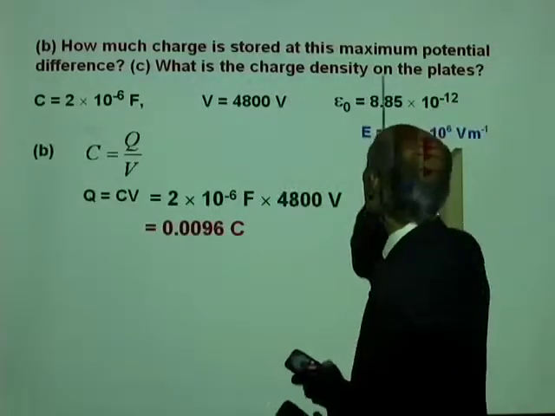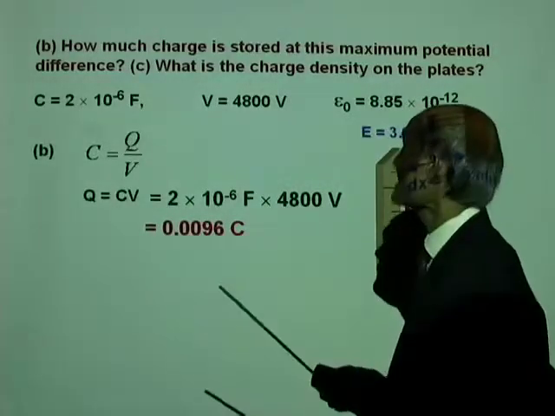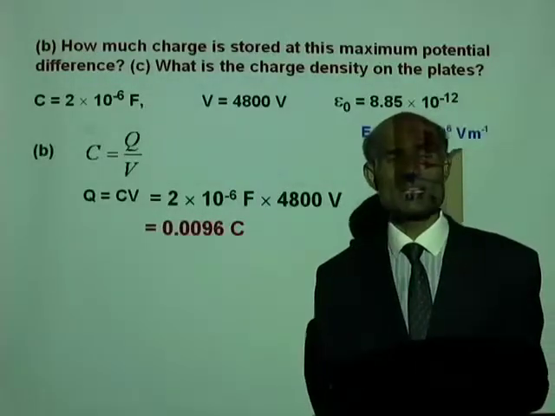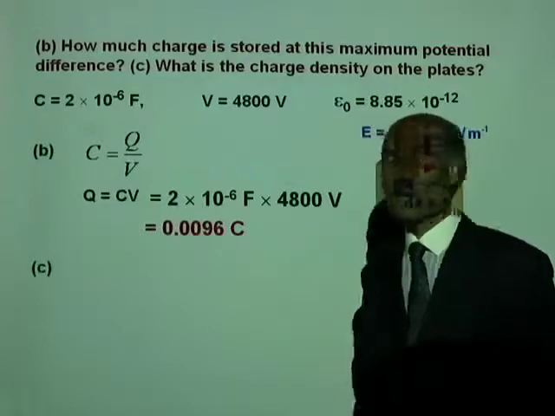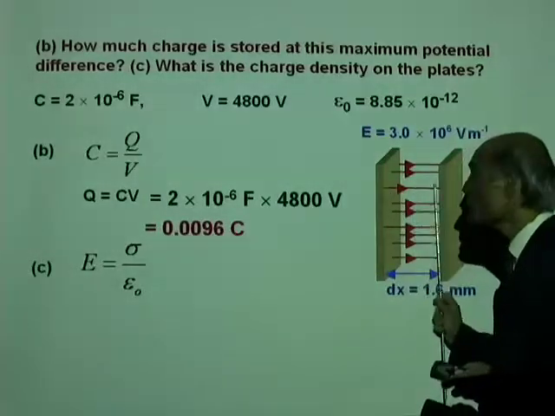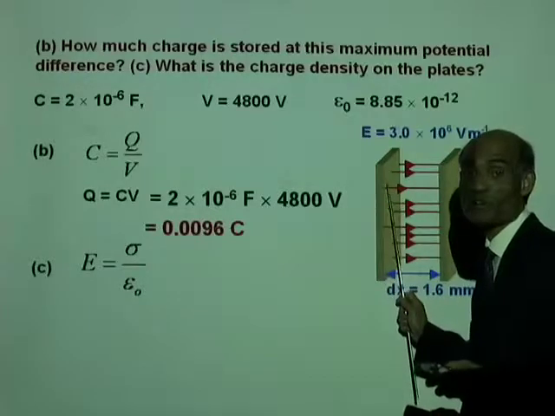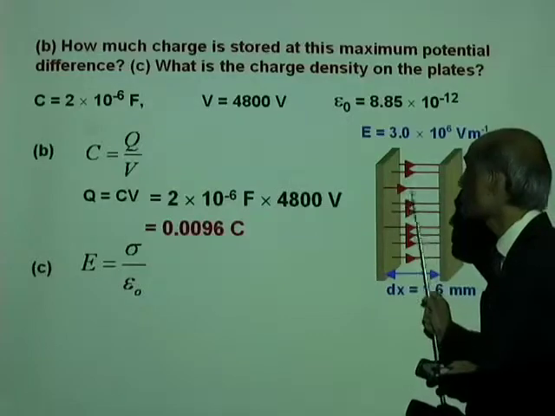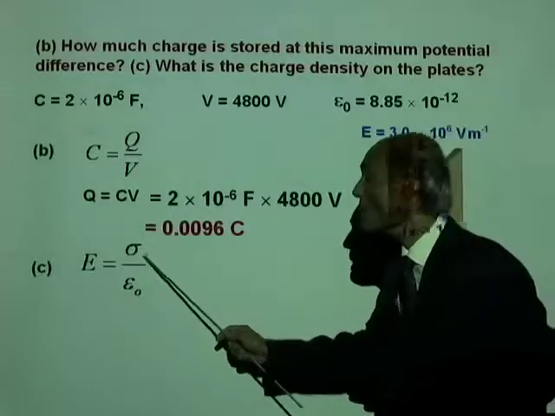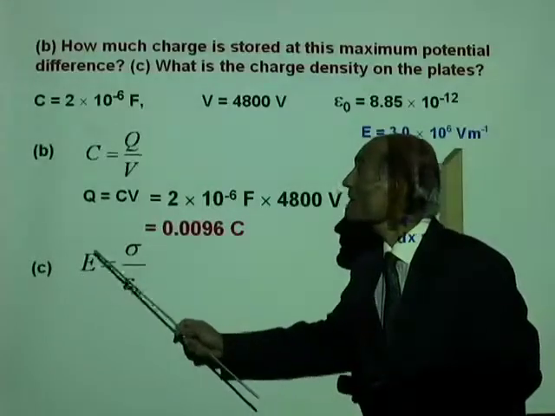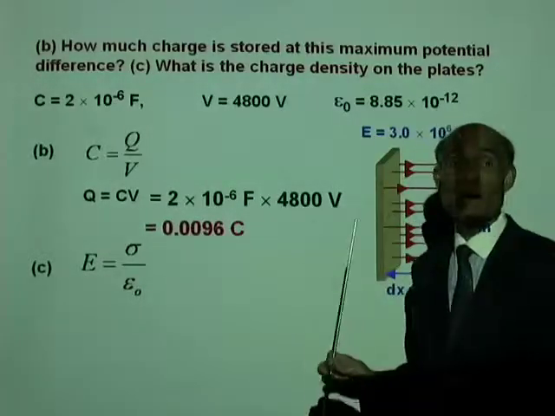What is the charge density on the plate? Now, how do you find that? The charge density. Well, you know that E, the electric field between two parallel plates, have you forgotten that? The electric field at any point between two parallel plates is sigma over epsilon naught. We know the electric field, 3 times 10 to the power 6.